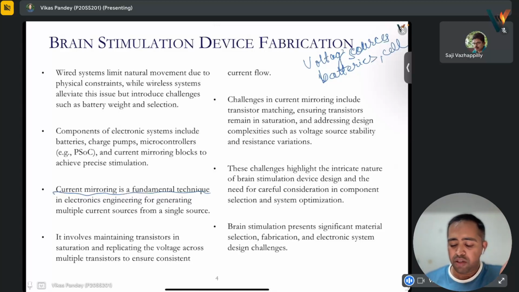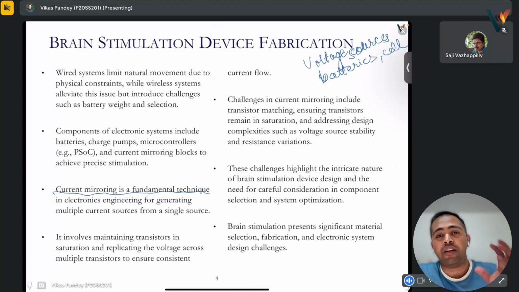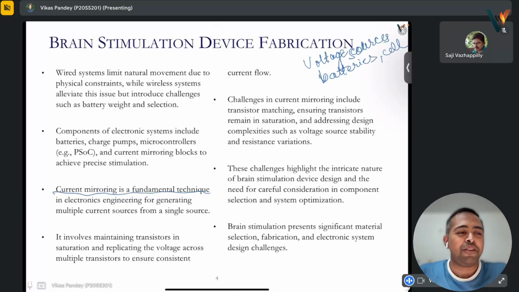But have you heard of a general current source? Any idea about any current source, where a continuous current is being given out?